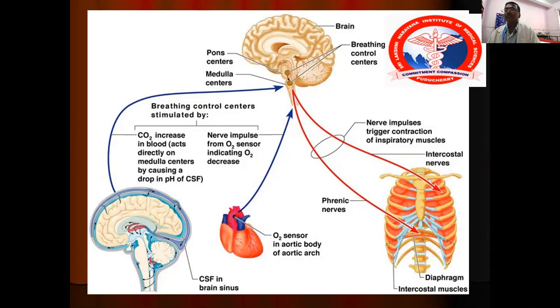This picture shows the respiratory center, parts of the respiratory system, and the related respiratory sensors, and where the changes take place when there is a need for changes in the respiration.